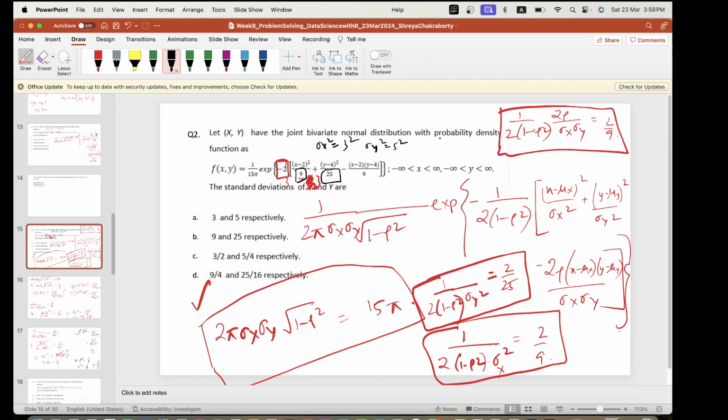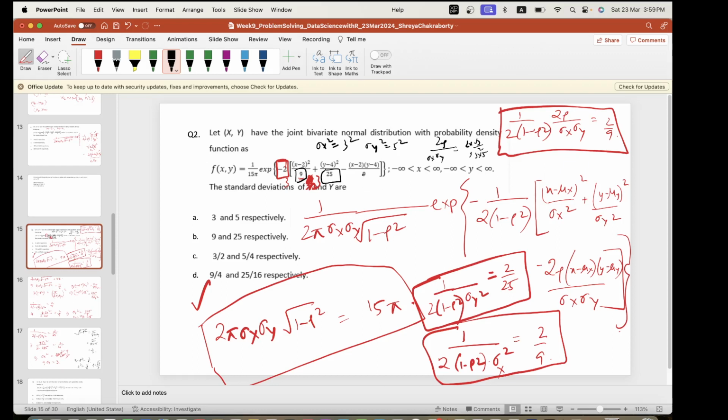And this one should be 2 rho by sigma x sigma y. So 2 rho, that is how much? 2 into root 3 by 2 into sigma x and sigma y. Sigma x is 3, sigma y is 5.